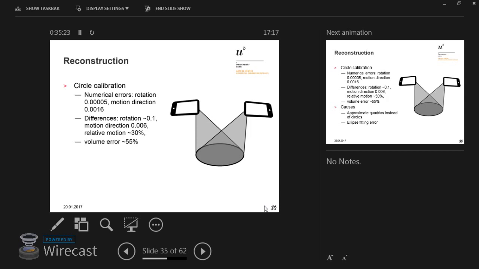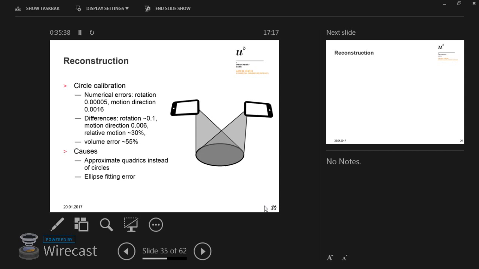And if you look at the volumetric errors at the end, it almost hurts you, because this is such a nice system, but in practice, we don't have the proper setting. And there are two causes for this. The one is that plates are not perfect circles. We just have quadrics that approximate a circle. So when we detect one, there is necessarily a lot of noise involved. But on top of this, you add the noise of detecting it and the algorithm that we use, and that certainly doesn't help this calibration system work.